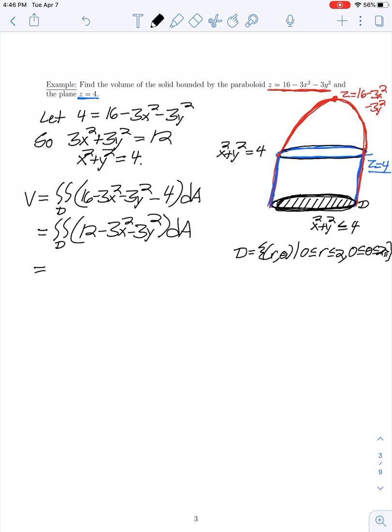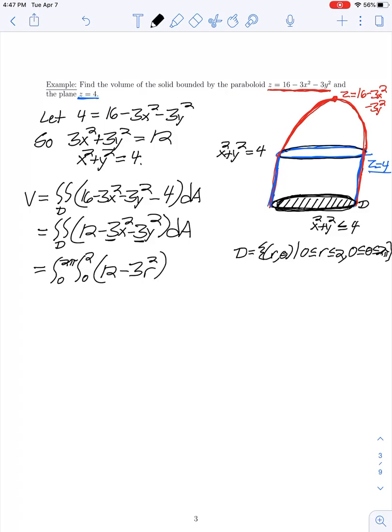So in terms of polar coordinates, we would have the integral from 0 to 2 pi and the integral from 0 to 2 with respect to r. And changing our function to polar coordinates, we have 12 minus, if I factor out a negative 3 from my x squared and y squared terms, a negative 3 times x squared plus y squared, which is r squared.